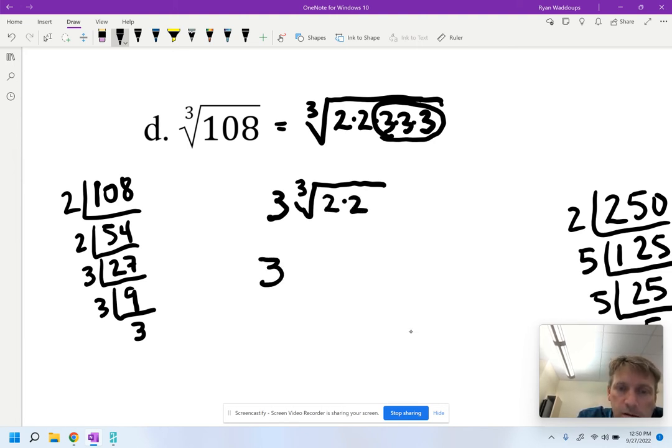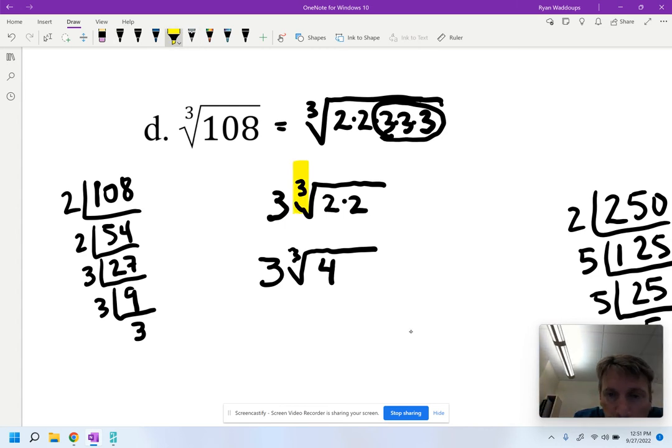And the cube root of 2 times 2 is the cube root of 4. In the last couple examples we had square roots, and so we had a pair of 2's, but here we need groups of 3. Since there's only 2 2's, that just stays under the radical. And so this is our final answer.